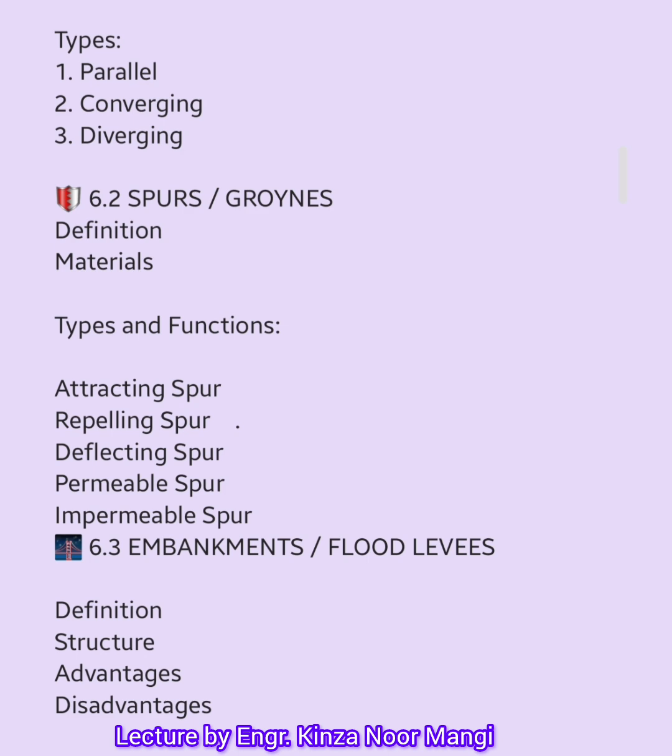So let's talk about the third type of river training method, that is embankments and flood levees. These are raised earth structures parallel to river banks to confine flood water and protect farmland and villages.